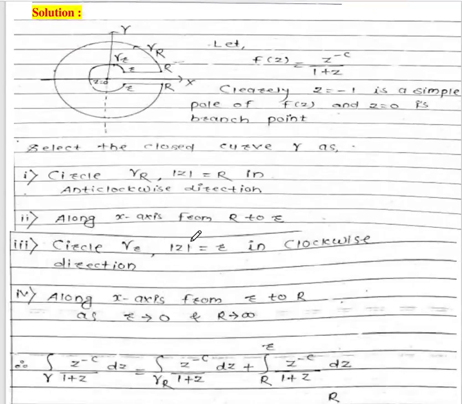Second, along the x-axis from small r to capital R. Third, the circle gamma r, that is mod z equal to r, in the clockwise direction. This is the inner circle, with r tending to 0 and capital R tending to infinity.